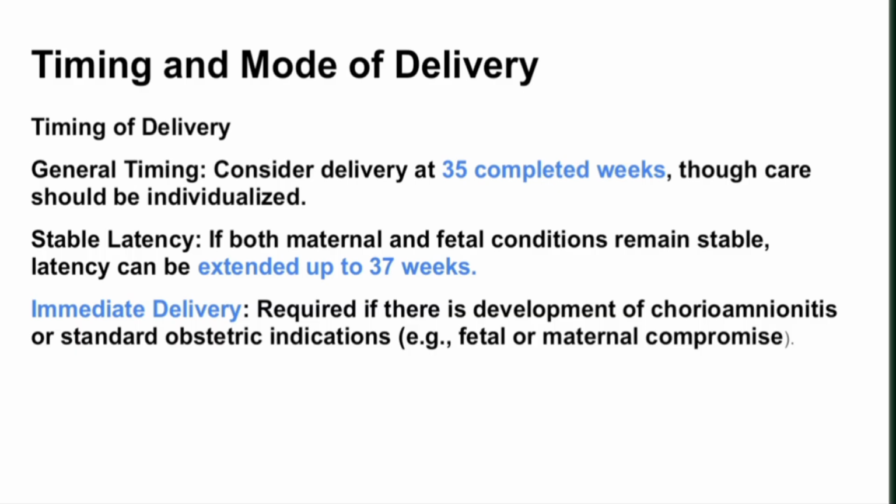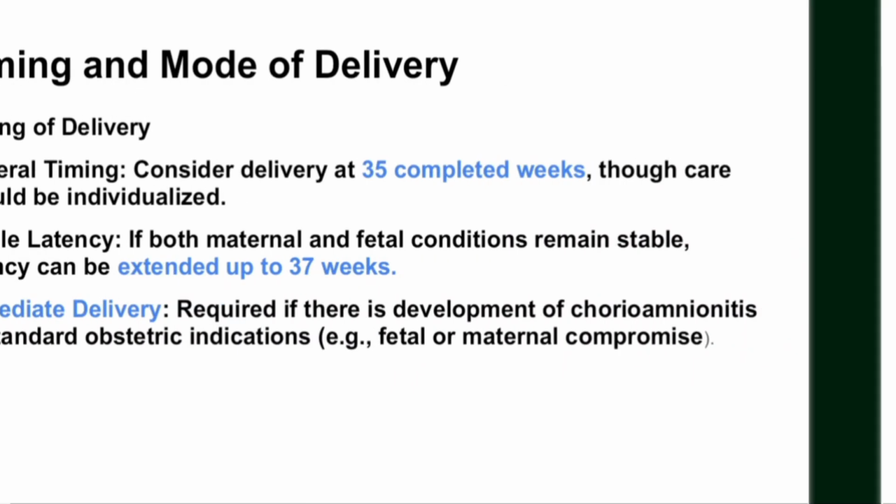We can also consider immediate delivery if there is development of chorioamnionitis or standard obstetric indications which might cause fetal or maternal compromise. So basically, we can consider delivery at 35 completed weeks, or we can extend it up to 37 weeks depending on how stable the latency is.